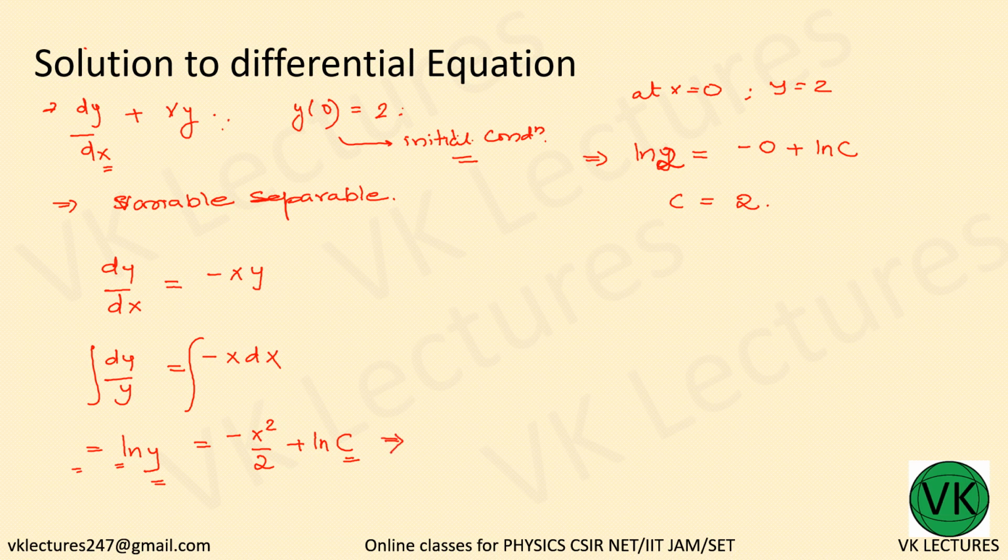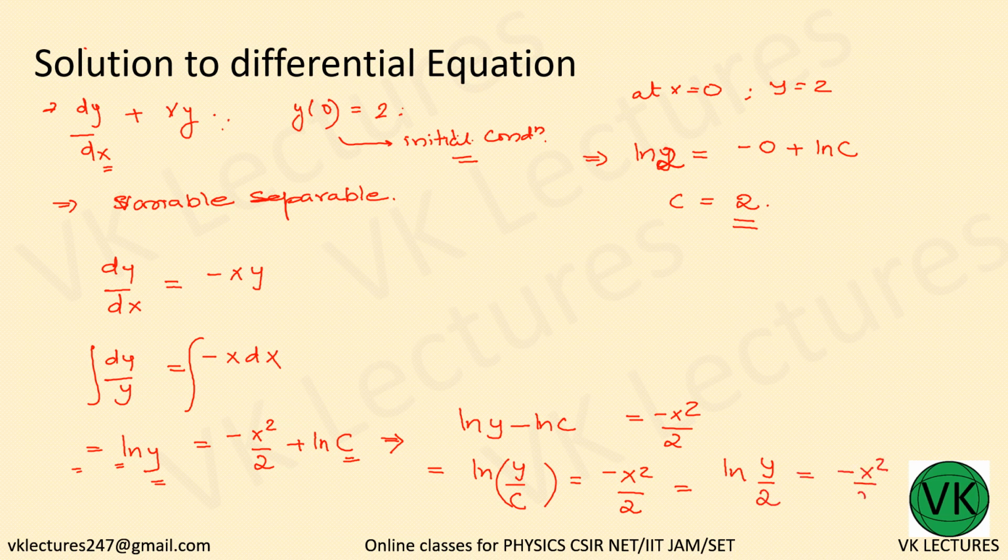Now you can write this equation in the form log y minus log c equal to minus x square divided by 2. Log y minus log c is nothing but log of y by c equal to minus x square divided by 2. Now I write c as 2, which we already got. So log of y by 2 equals minus x square by 2.